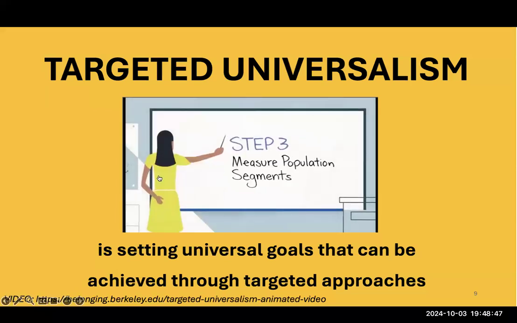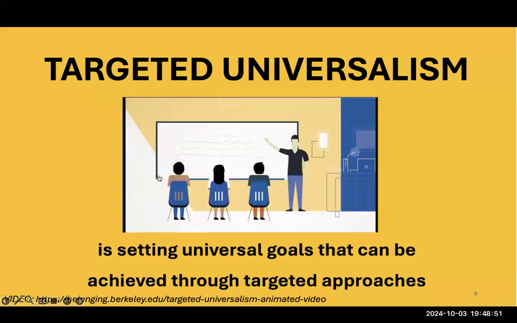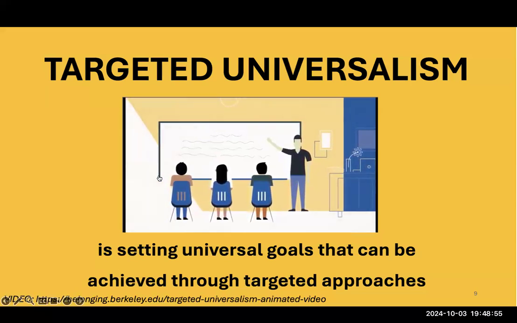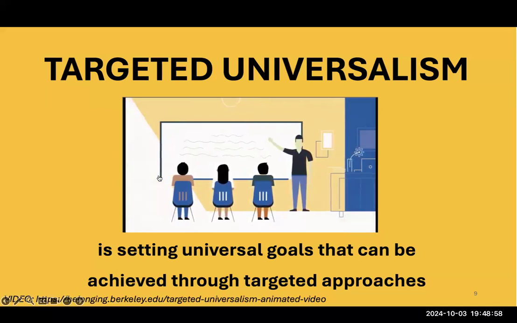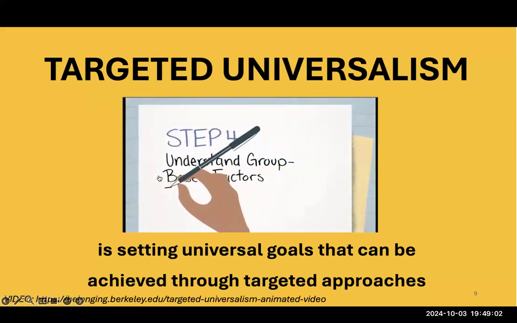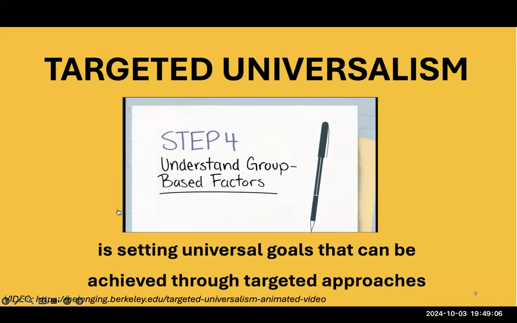Third, measure the performance of population segments relative to the universal goal. So although 80% of all 8th graders are proficient, we might find that only 70% of Latinx students are proficient. Fourth, understand how structures and other factors support or impede groups' progress toward the universal goal.